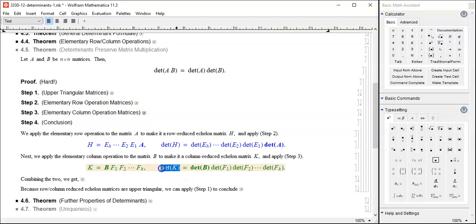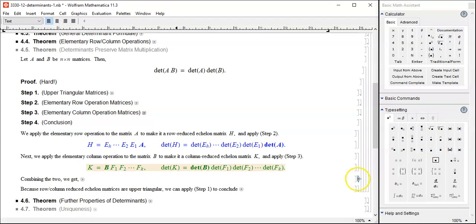So the determinant of K is equal to the product of all these determinants. All those are elementary column operation matrices, so that's multiplicative from step 3. So we have matrix multiplication here and determinant multiplication there. We have these two properties, blue and green.